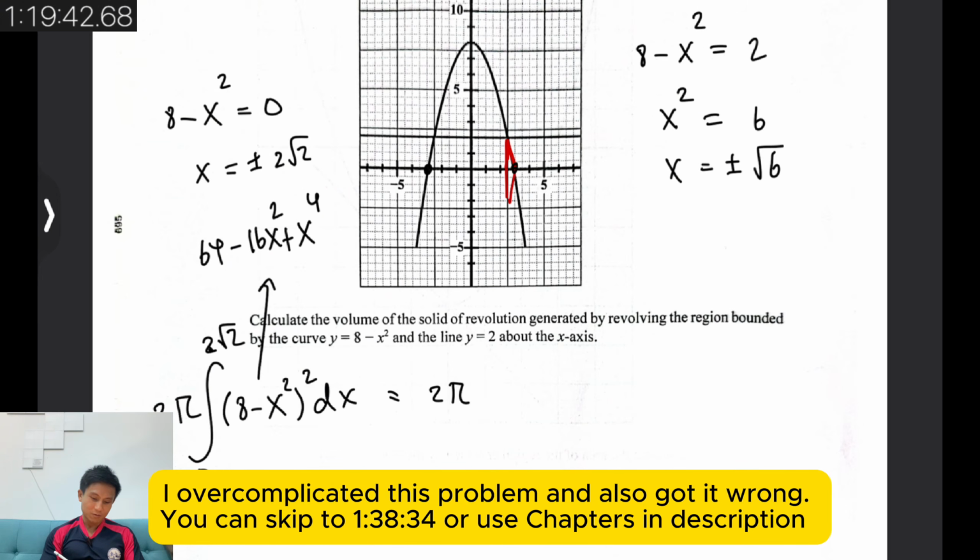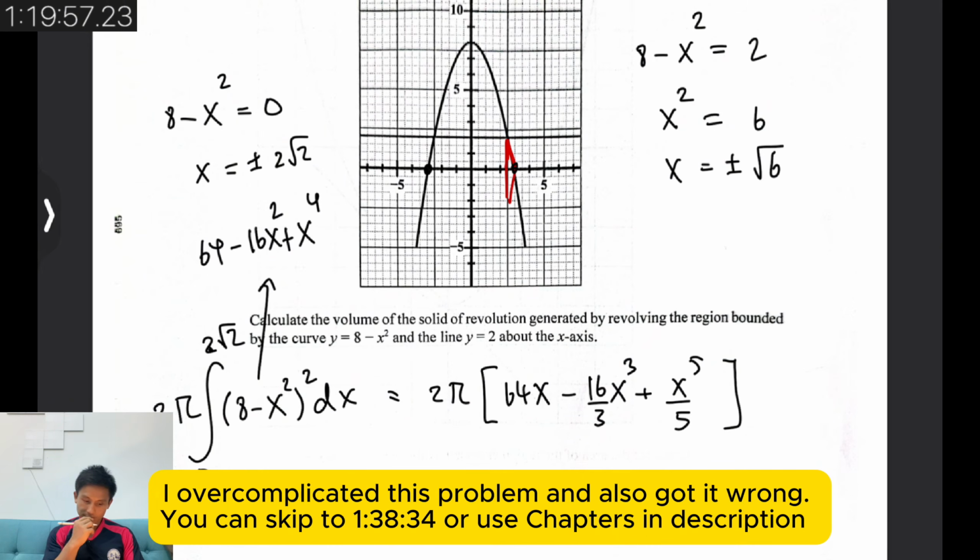We integrate that and get 64x minus 16 over 3 x to the 3 plus x to the 5 over 5, and the bounds would be from 0 to 2 root 2.